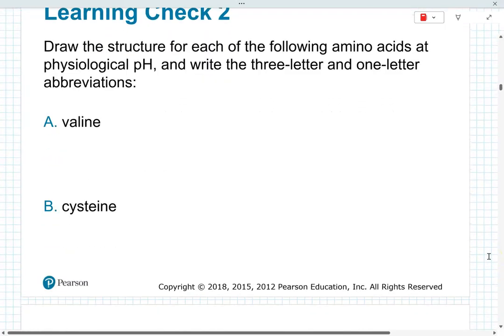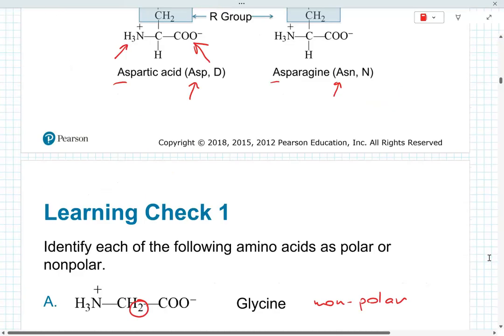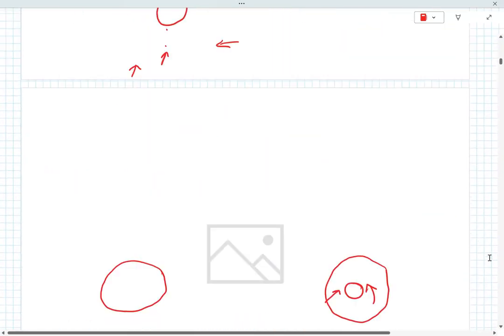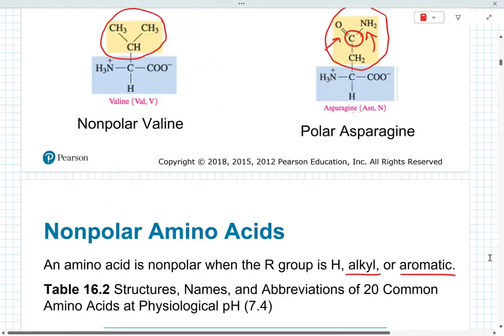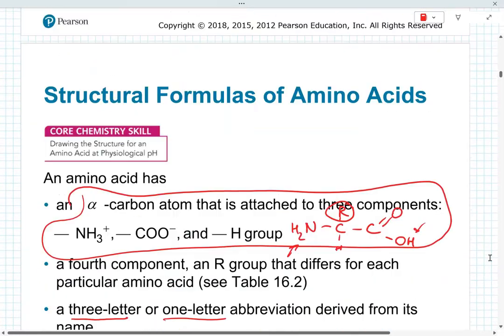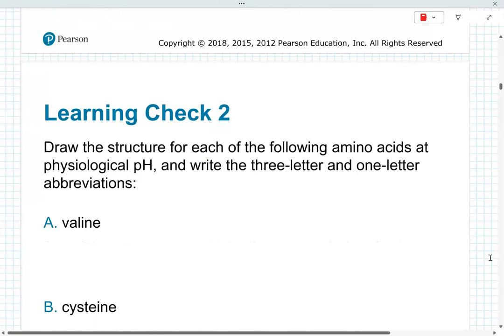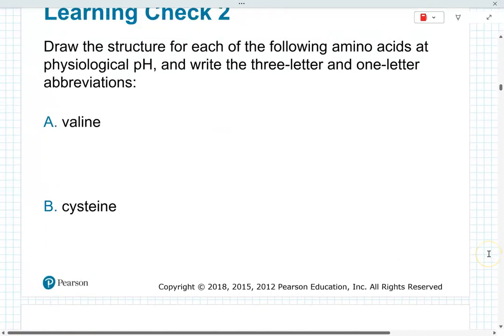Oh my God. Valine. I need to go back. Seriously, I don't remember the structures. I know that it's nonpolar. Let me get here. Valine, it's basically isopropyl. Okay. So I'm going to use this moment to illustrate something. So think about the name, amino acid, right?